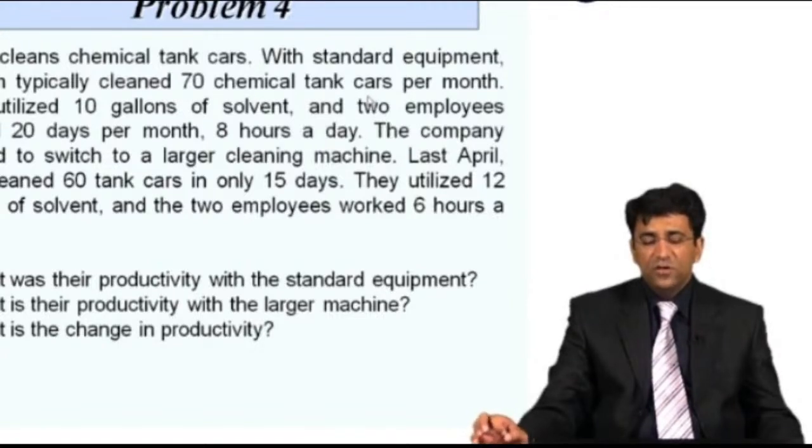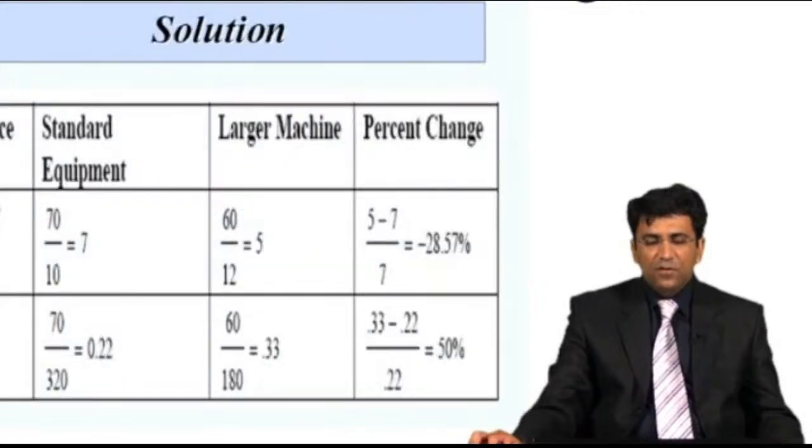That is, they were able to clean 70 chemical tank cars by utilizing 10 gallons of solvent. If we are interested to find out the productivity with respect to the solvent used, our old productivity will be 70 divided by 10 gallons of solvent. Now, this is the solvent, that is the input.